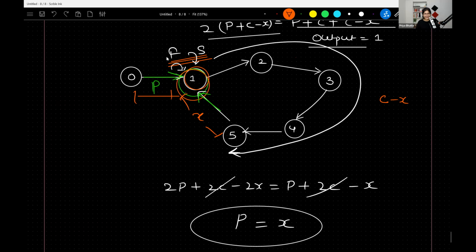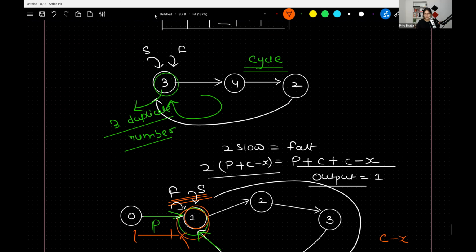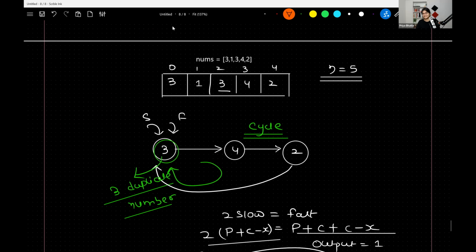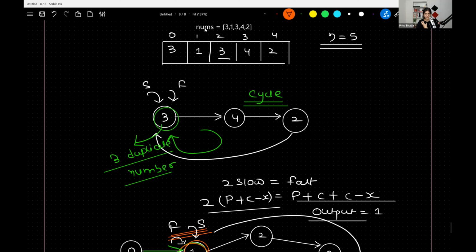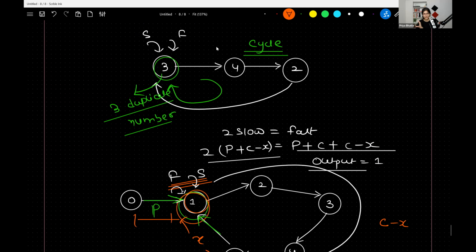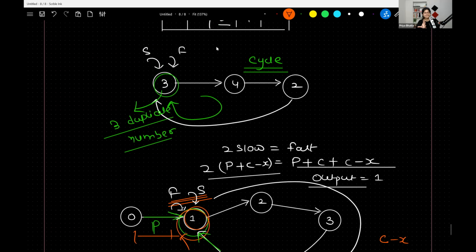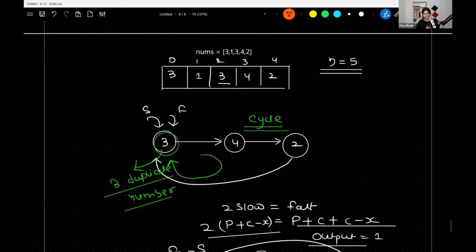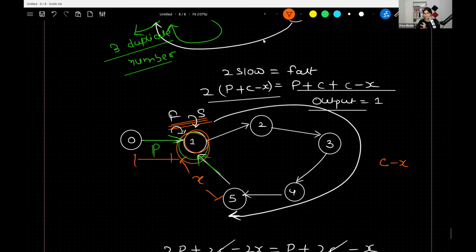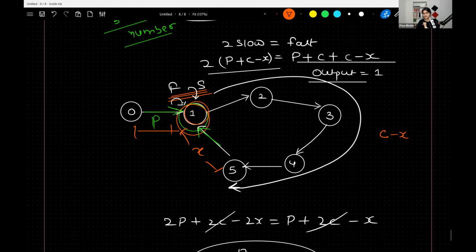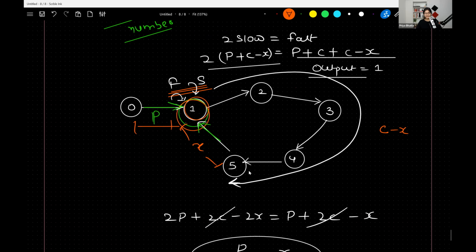So this is the overall idea about the algorithm also. If it is not clear, that is also fine. Maybe you can have a look more into this equation. You will be able to get my point, what I'm trying to convey here. But for getting the algorithm intuition, I think this example will help you out with respect to how we get the duplicate number: how in the first phase we're getting a meeting point, and how in the second phase we're getting the entrance or the starting point of my cycle, which is 1, while the meeting point was 5.